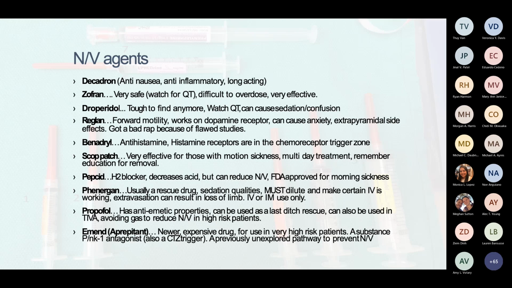There's a wide variety of literature out there that argues about what the effective timing for Zofran is. Some places say you need to give it up front. Some places say you need to give it on the back end. If I have somebody that's high risk for PONV, a lot of times I'll give a second dose. I'll give 4 milligrams of Zofran and 4 of Decadron up front, and then chase it on the back end of the case with another 4.